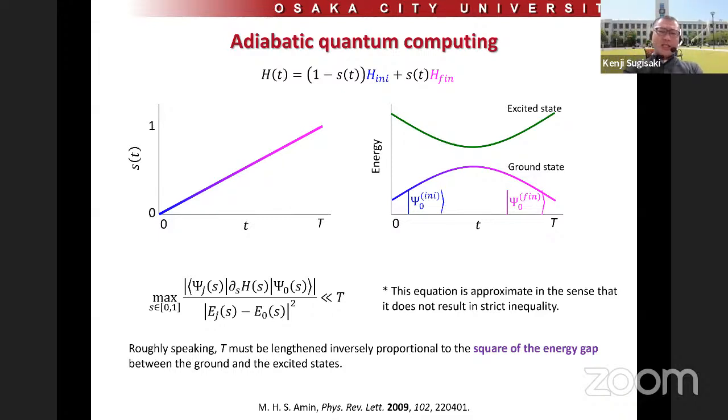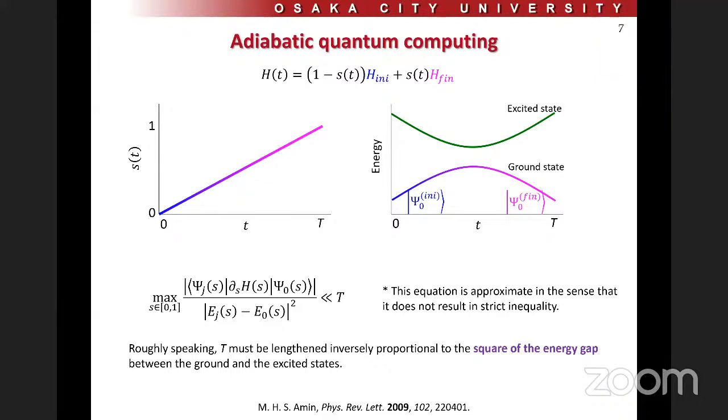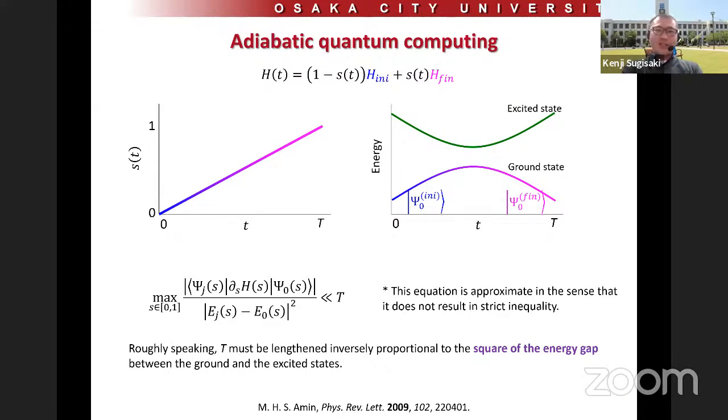So this equation is usually used in adiabatic quantum computing, and usually in adiabatic quantum computing, the energy gap between the ground and excited state becomes smaller if the number of qubits increases.